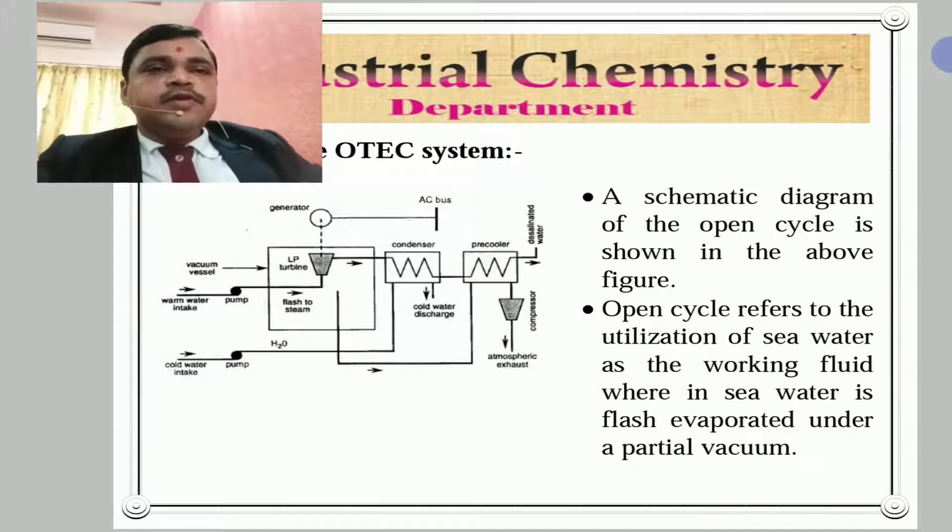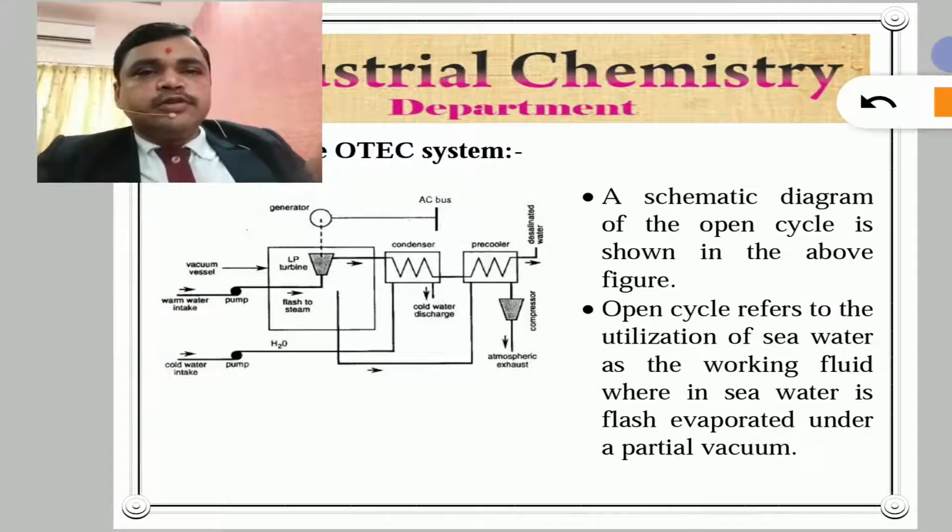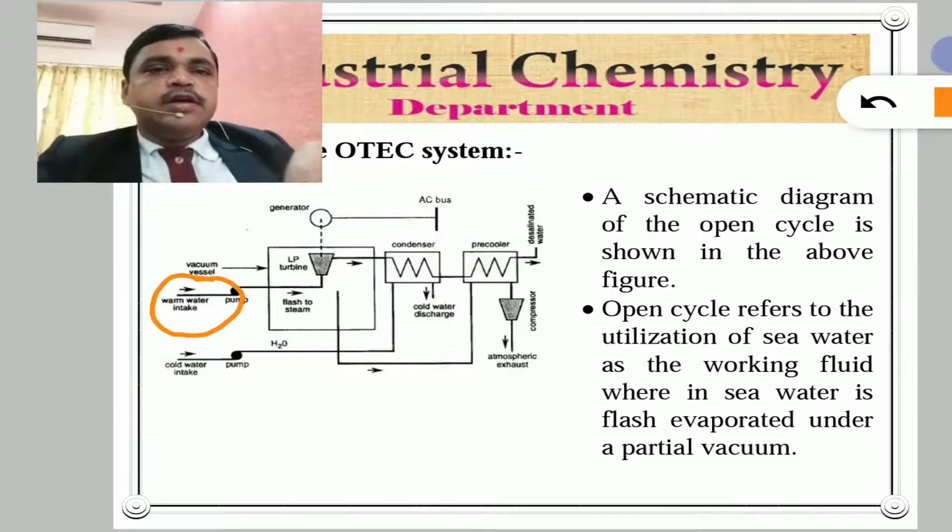In the diagram, you can see the warm water intake. This warm water is from the sea surface, or ocean surface, warmed by solar radiation. So this is the hot water. It is taken into a flash evaporator.